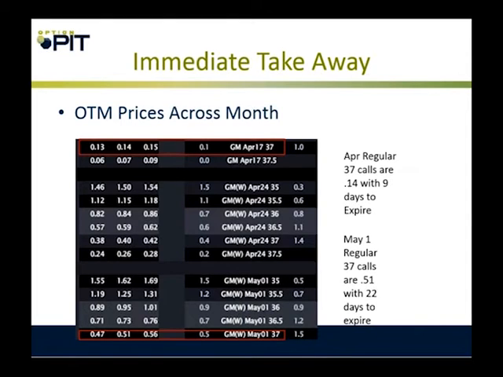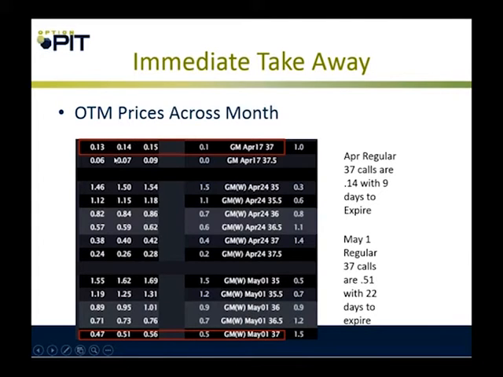The May regular calls are 51 cents with 22 days to expire. So which option actually is going to produce more decay over the next 9 days?